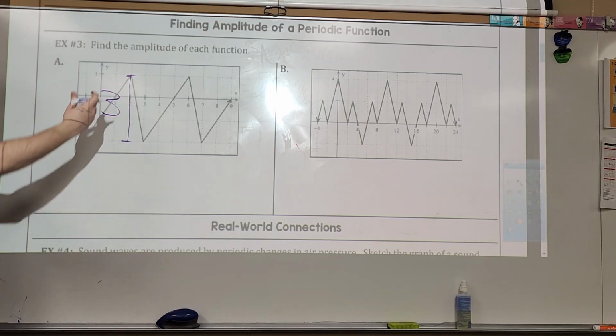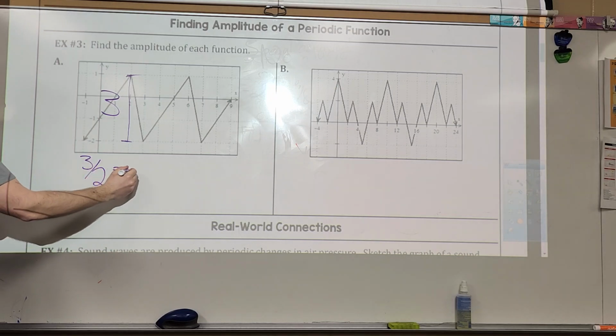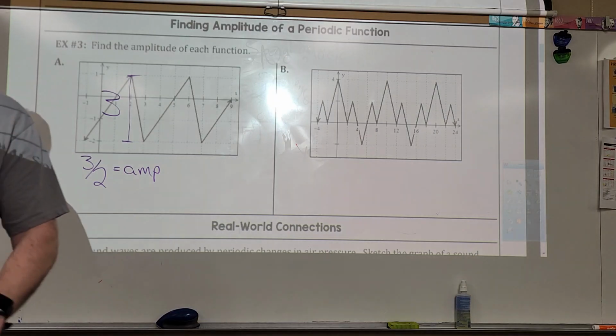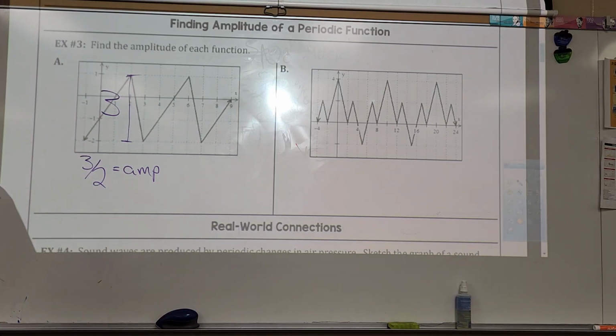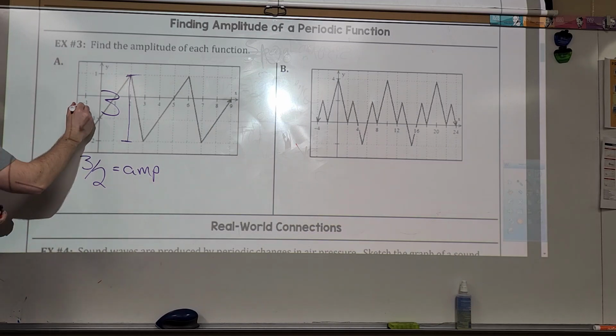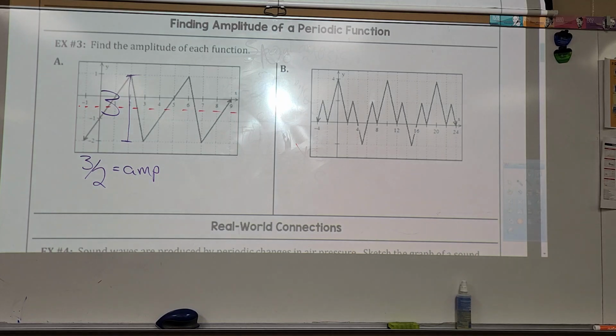But now I need to split that between my top and bottom, so it'd be 3 over 2. Find your total height. It's half the distance from your max to your min, so find your total height divided by 2. 1.5 is the same as 3/2.